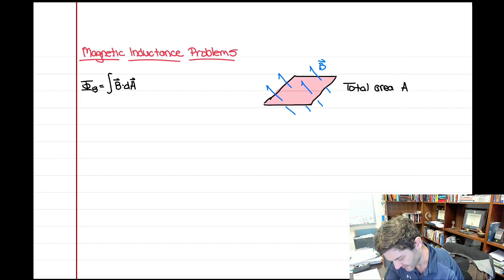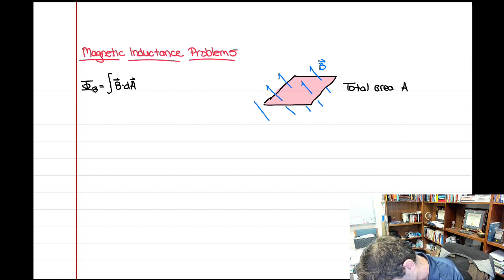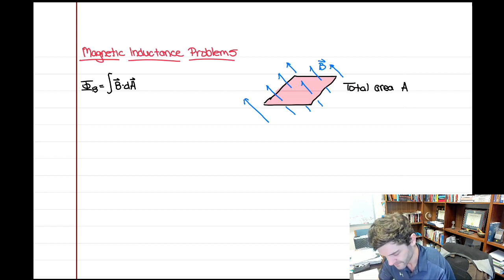We want to calculate the magnetic flux through this particular surface. Let's see. This is uniform. There we go. Right, because there's field lines also around it, and behind it, and all that stuff.